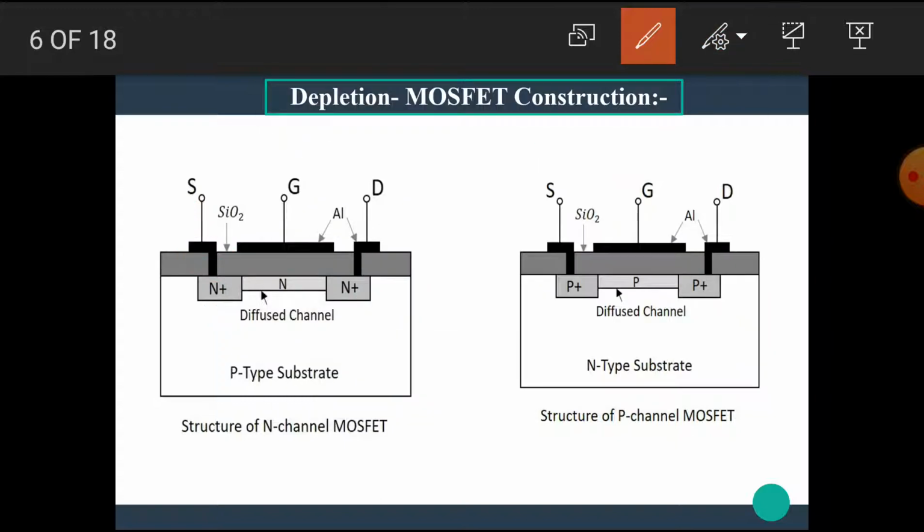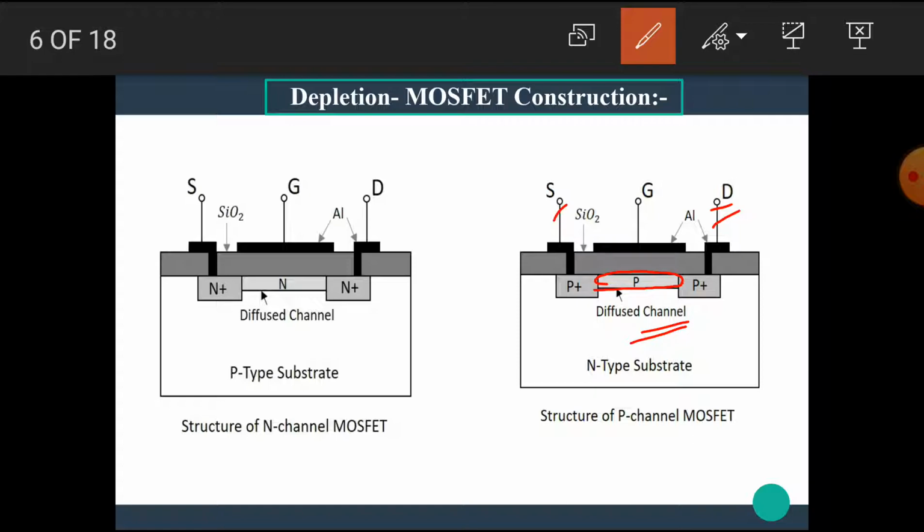These terminals, source and drain, are connected through a P-type material. This P-type material is known as the channel. That means here also the channel is physically present or constructed between the drain and source terminal.